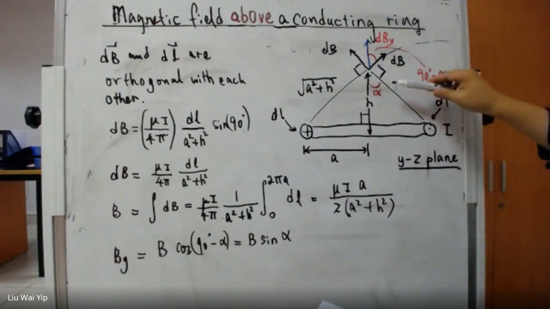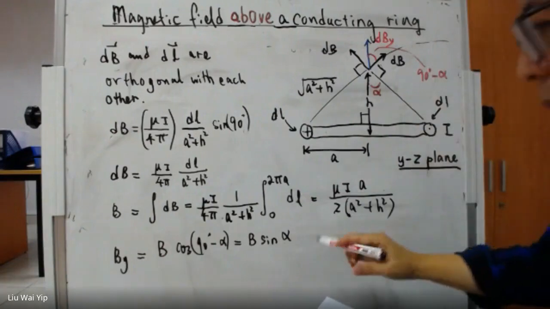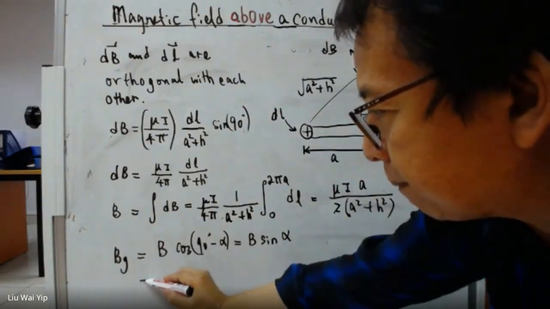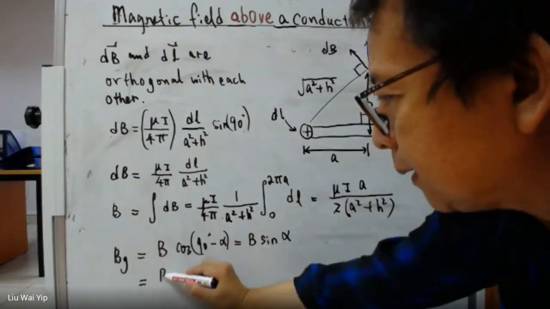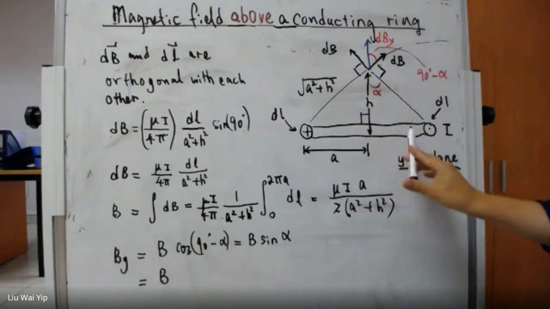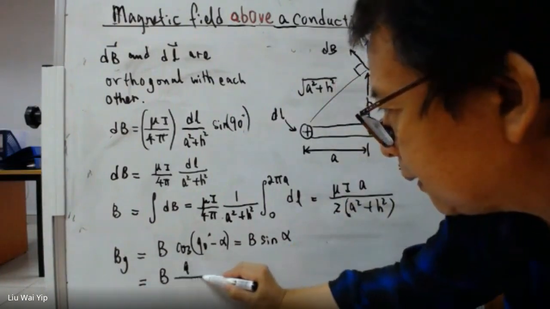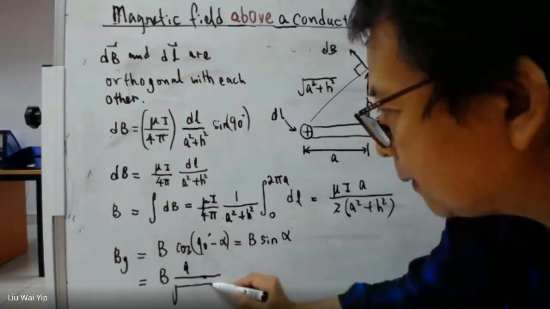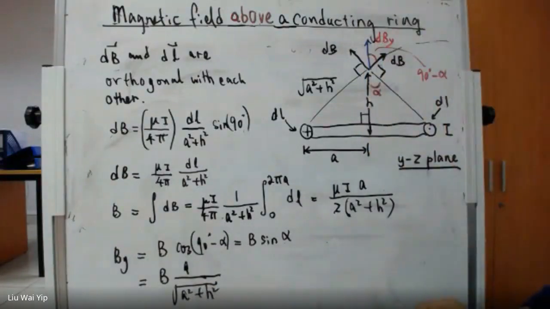And what is sine alpha? This one divided by this. So sine alpha is a divided by the square root of a squared plus x squared.